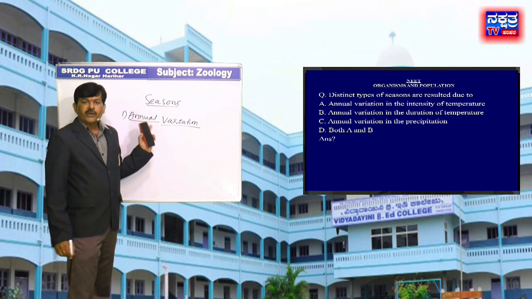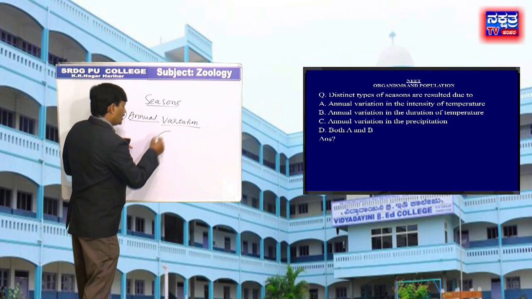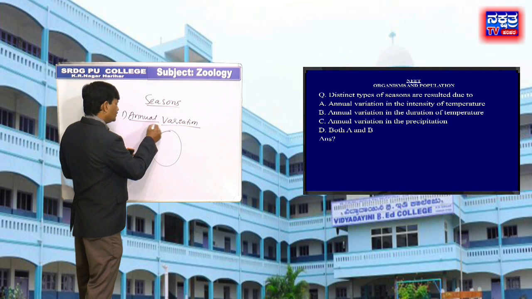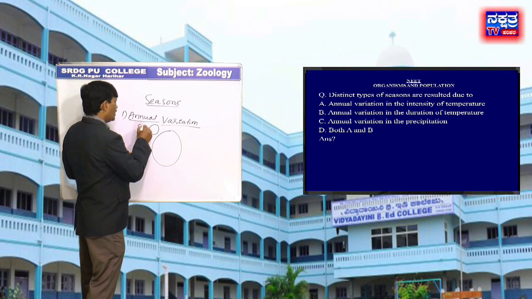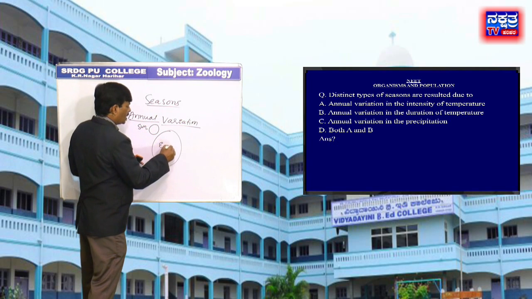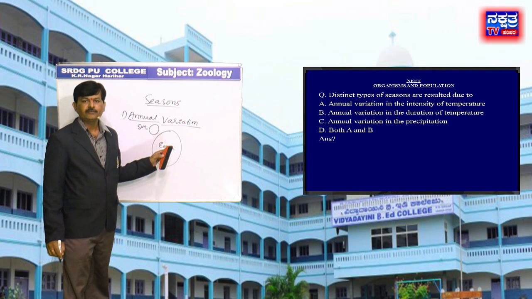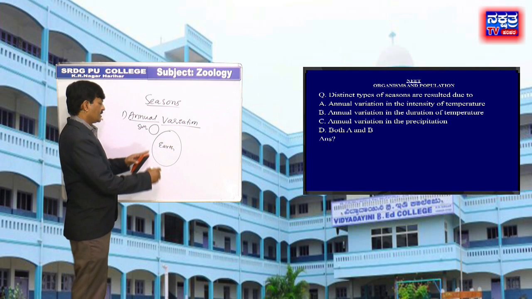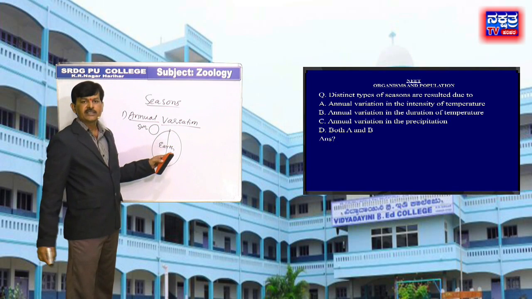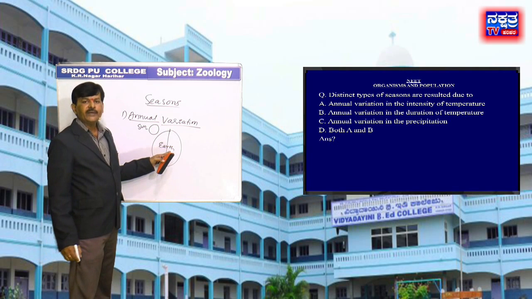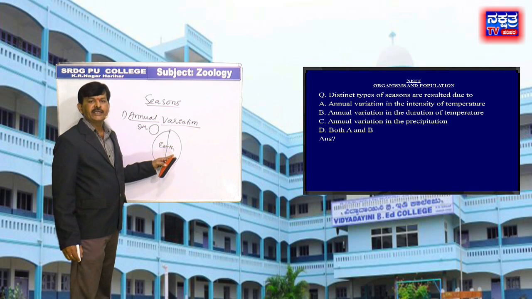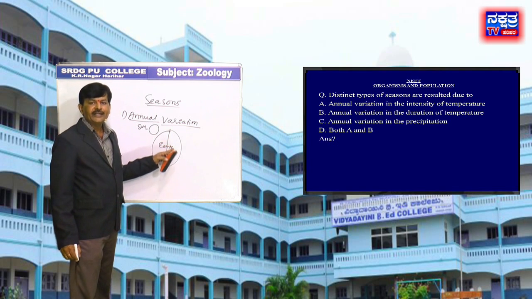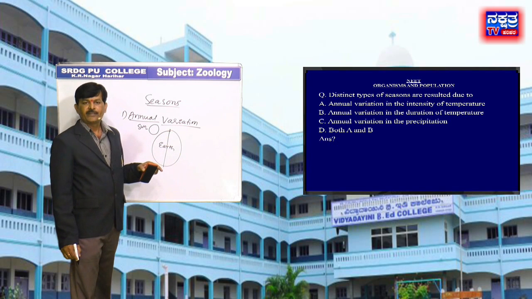The rotation of our planet, the earth, around the sun, and the tilt of its axis causes annual variations in the intensity and duration of temperature, resulting in distinct seasons.